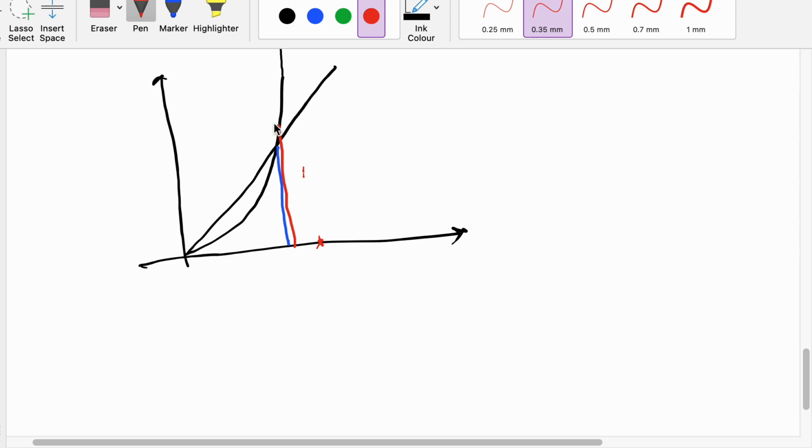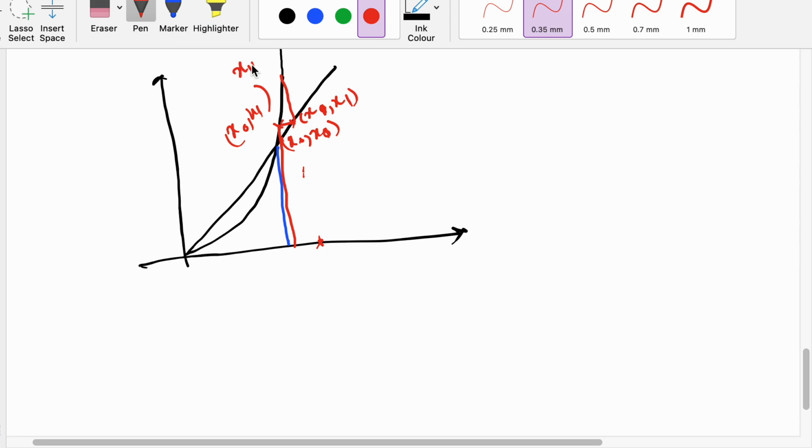Suppose this point is x0, x0, and where it hits, that is x0 comma x1, and then we go horizontally, then it will hit here. This point will become x1, x1, and again we will go upward and it will hit somewhere.